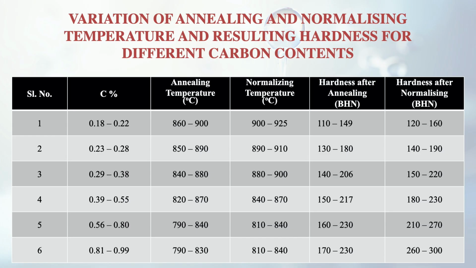So they are in a close range, but normalizing is always somewhat higher than annealing. Similarly, the Brinell hardness number is given for the 0.18 to 0.22% carbon range. 110 to 149 is the hardness range for the annealing process, and for normalizing it is 120 to 160. So here also normalizing is giving somewhat better results. This will be similar in all other carbon percentage ranges of various steels.